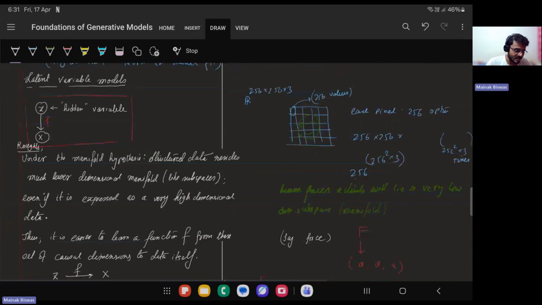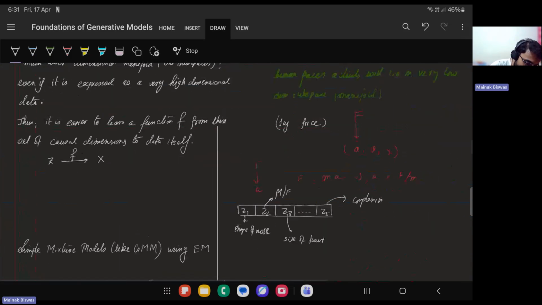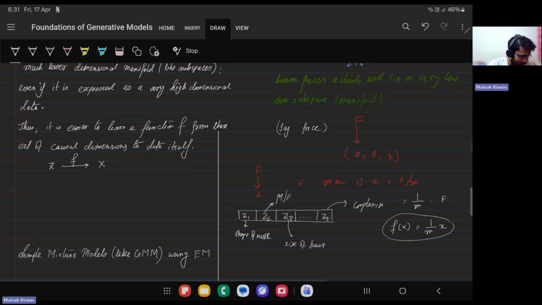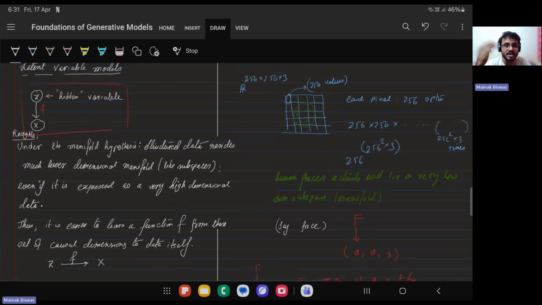So the idea is there is a function. For example, the function here is 1 by m into f, so the function f of x is 1 by m into x, for the force equation, if you want to know acceleration. So there's always a function that maps between the latents and the data.